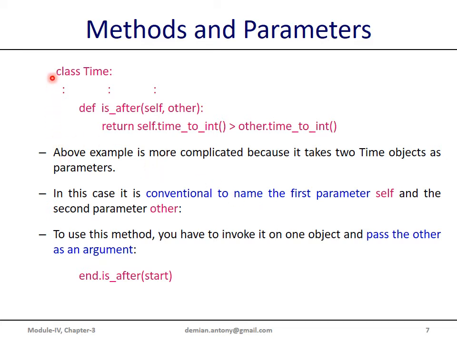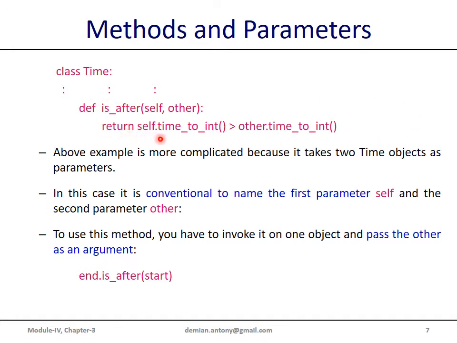Let us take up one more example, the function is after. This function will return true if the first time object is greater than the second time object, that is other. This function is quite simple.